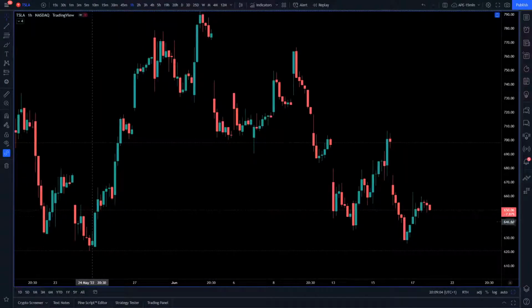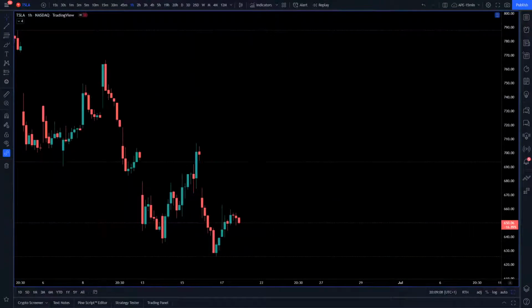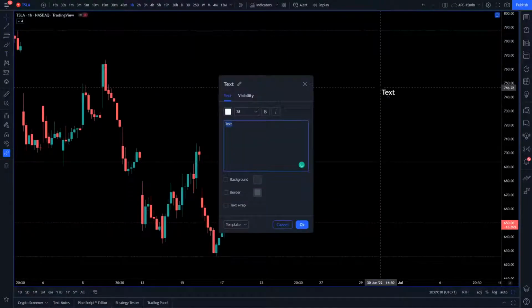Because the price chart will not lag, will not have delays, and will not give you uncertainty.